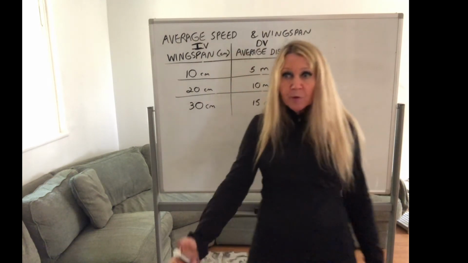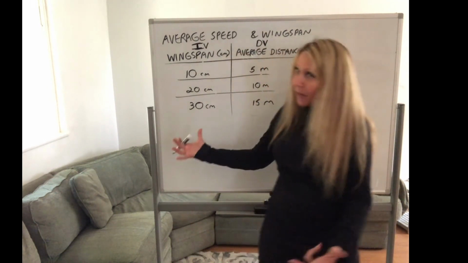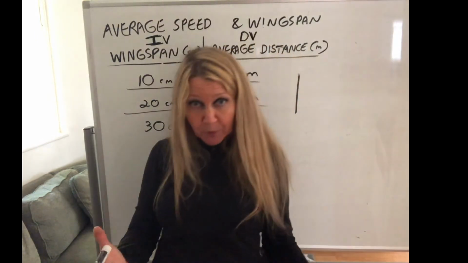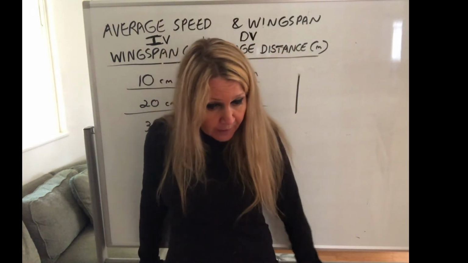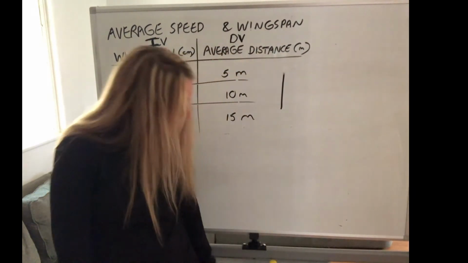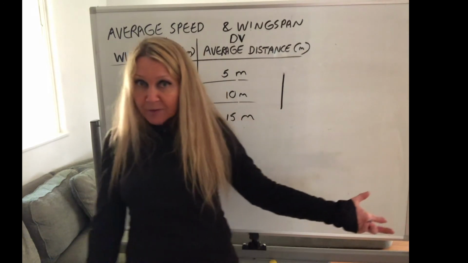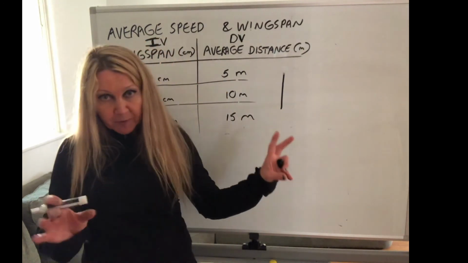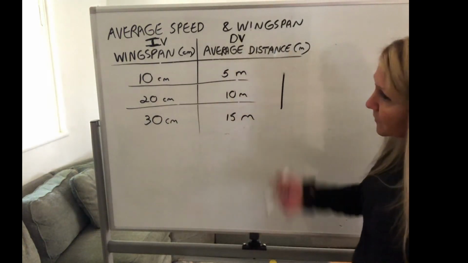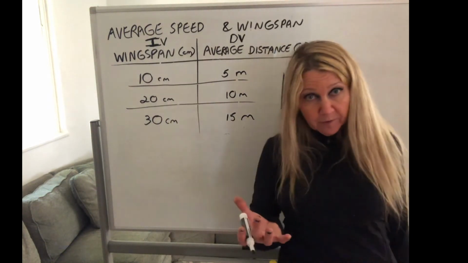All right, so we're going to actually, I want to see a pattern. I'm going to make this a scatter plot. I'm going to show you how to set up the graph, and then we're going to graph it. So I might have to enlarge this, but for now, I want you to look at the data here too as we're doing this. So the first thing I'm going to do is title the graph.